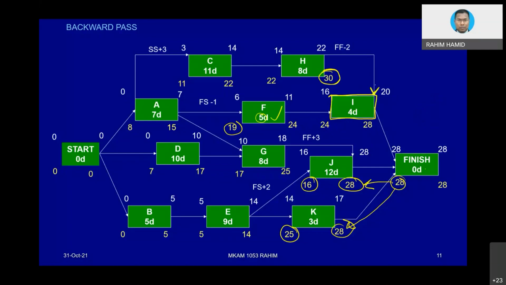So this value will be going back here, and then we need to deduct, because remember everything in backward pass is 28 minus, and because it is also the negative lag, minus 28 minus equivalent to plus, we get 30. So equation wise, that is the value that we get.